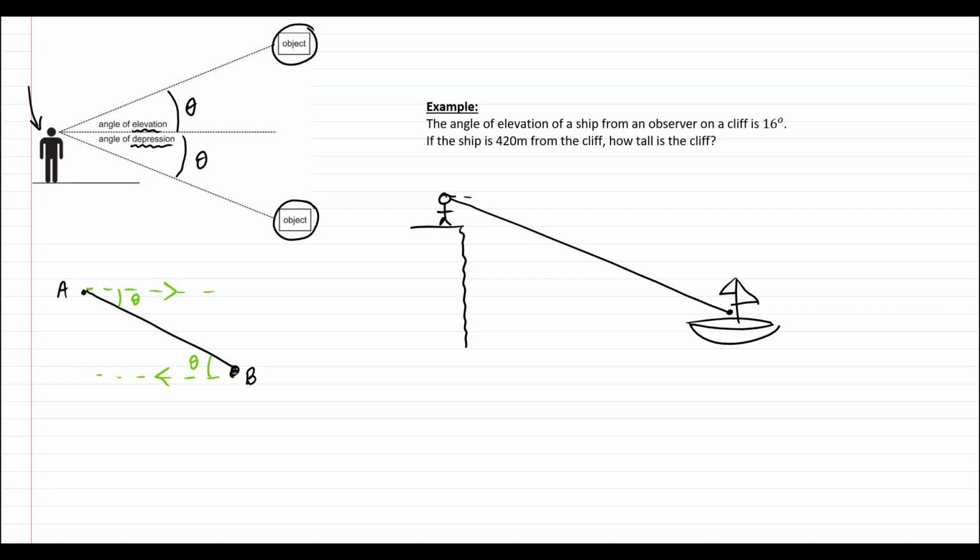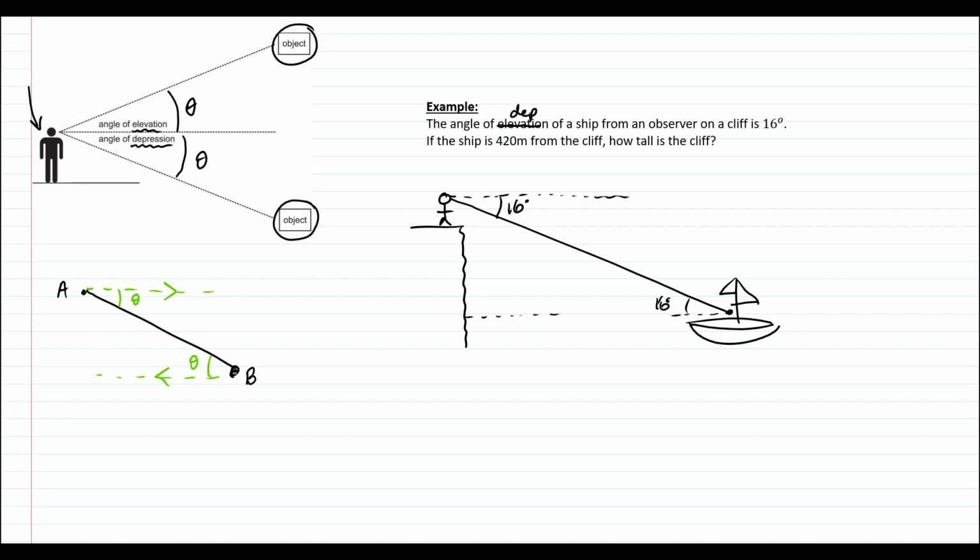And so the angle of depression is 16 degrees. And the angle of elevation to the person is 16 degrees. So depression and elevation can be interchanged, but because we said the angle from the observer to the ship, it's an angle of depression. So my mistake there.